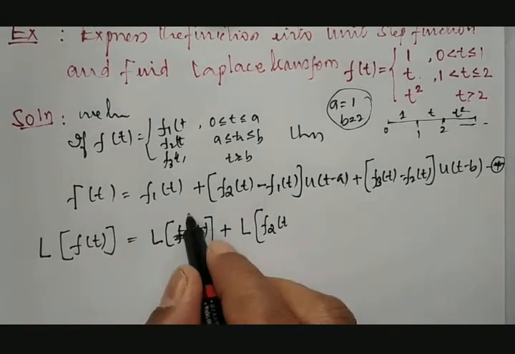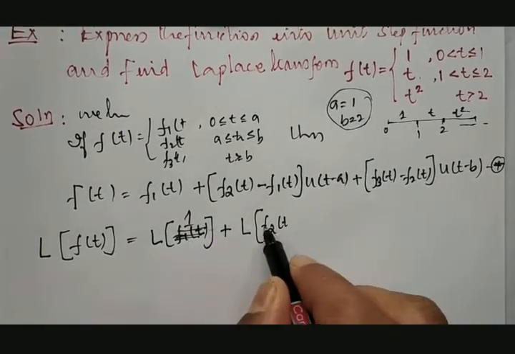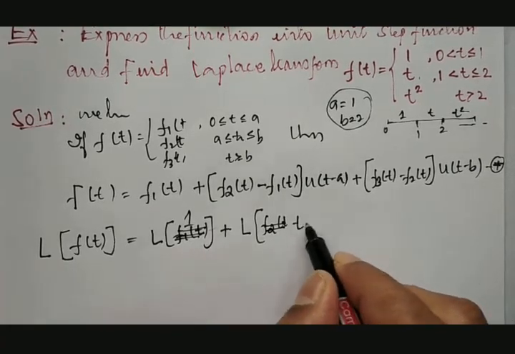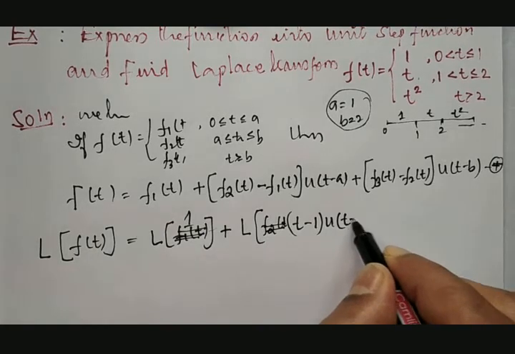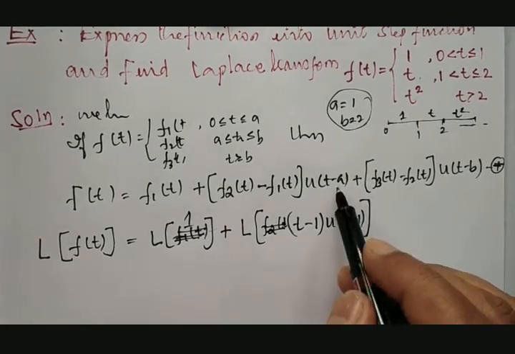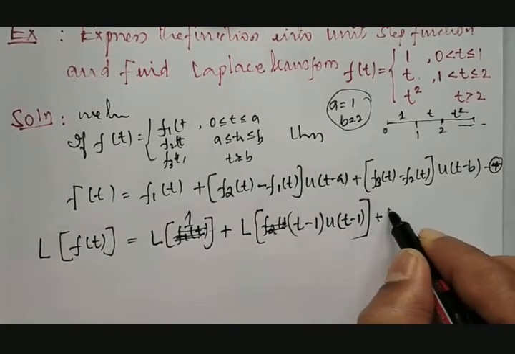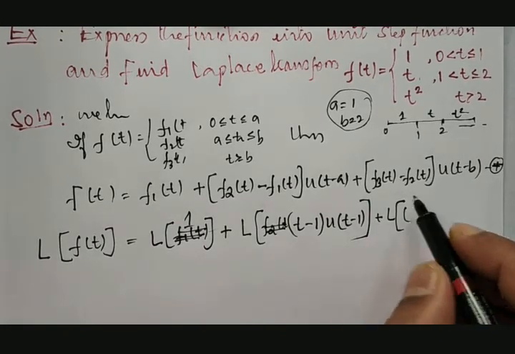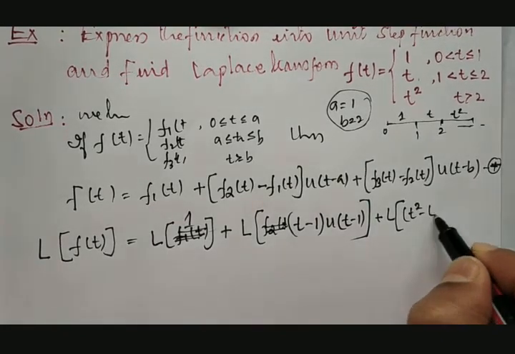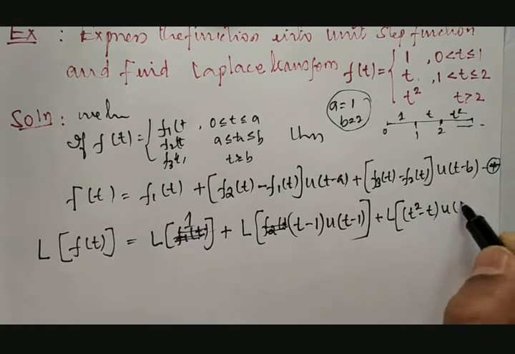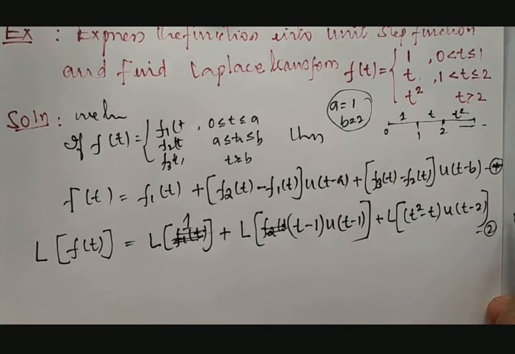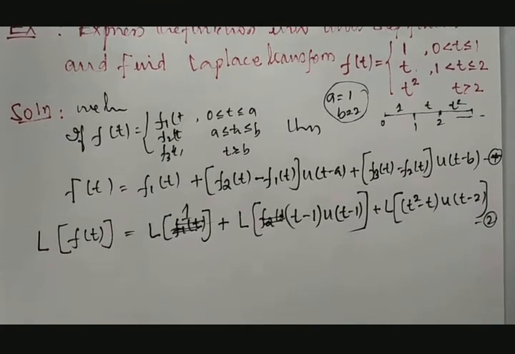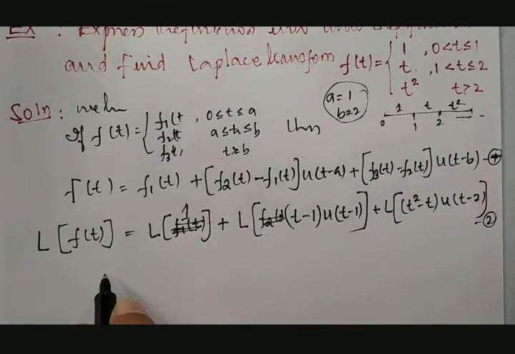What is first function? That is 1. Then what is second function? That is t. T minus first function into unit step, that is t minus 1, because a is equal to 1, plus Laplace transformation of third function t square minus second function t into u of t minus 2. I'll be calling it as equation number 2.